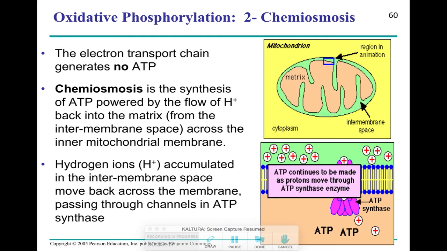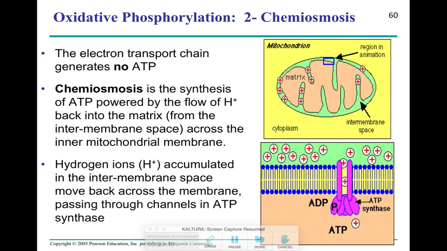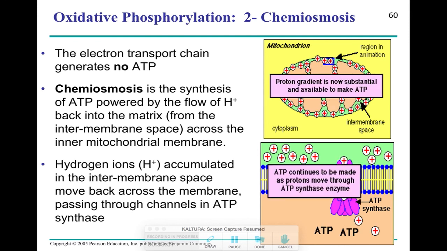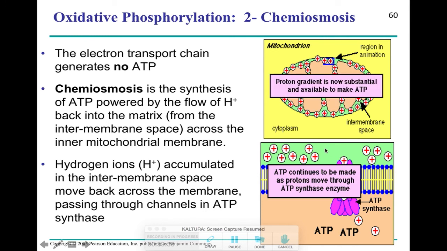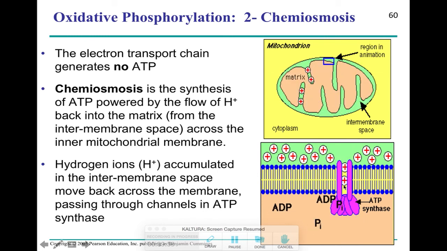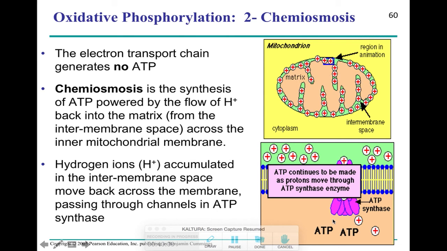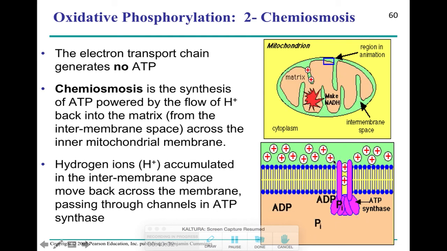It is not going to synthesize ATP from food. It is just regenerating ATP. Just remember that. So this process of flowing or diffusion of hydrogen ions through ATP synthase is called chemiosmosis.